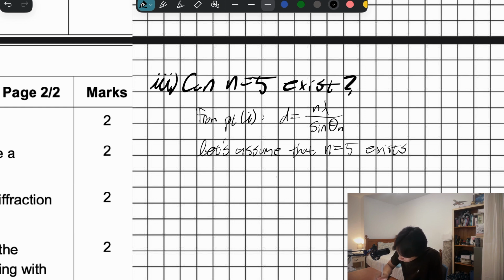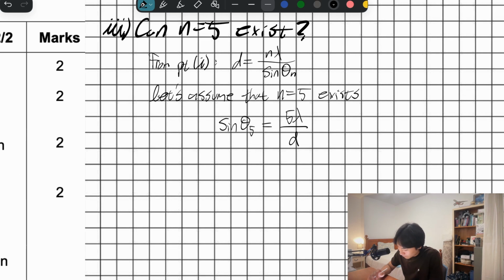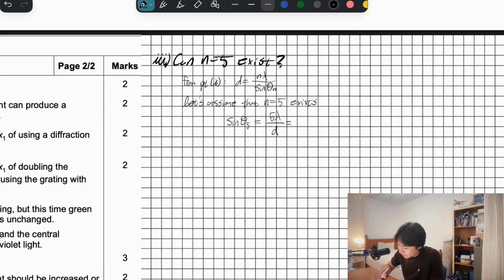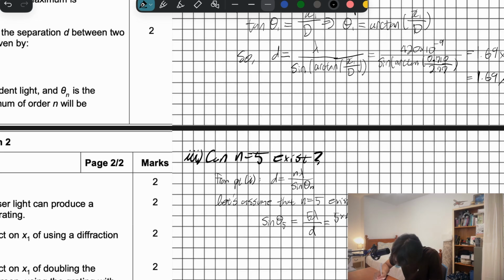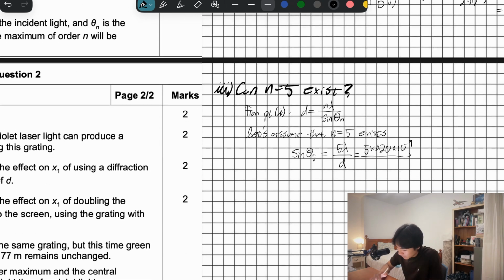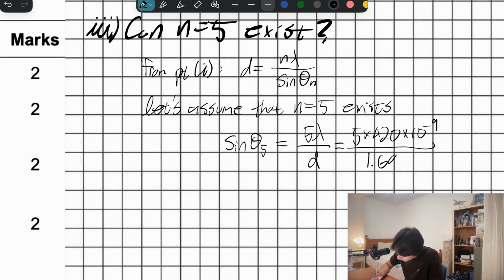Then sine of theta 5 is going to be 5 lambda over d. That is 5 times 420 times 10 to the power minus 9 over d, which we found was 1.69 micrometers, which is 10 to the power of minus 6.